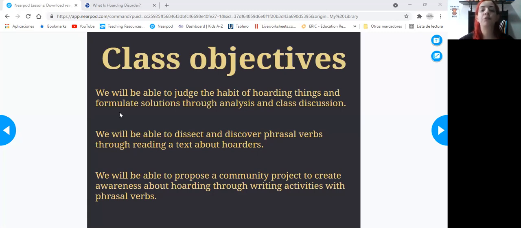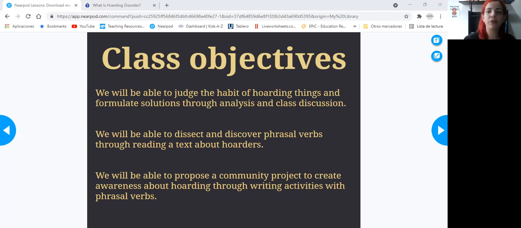You will be able to propose a community project to create awareness about hoarding through writing activities with phrasal verbs. Today we continue with the inclusion of grammar, but in a functional way. Remember, the grammar we're practicing in class gives us a perspective on how to communicate in a natural way.